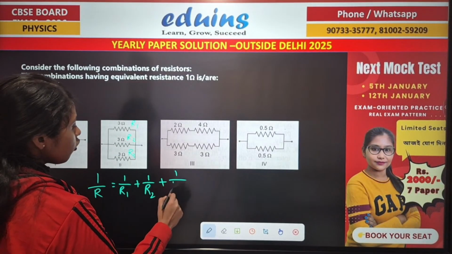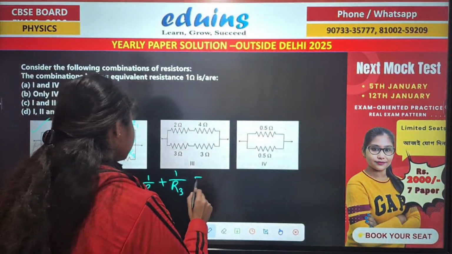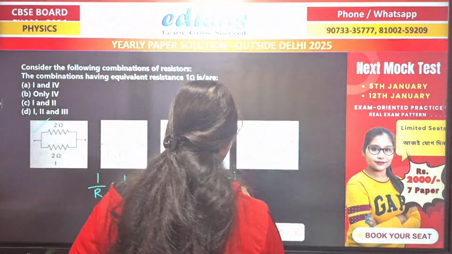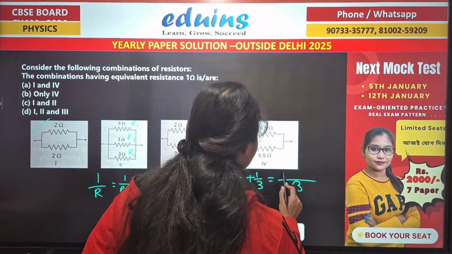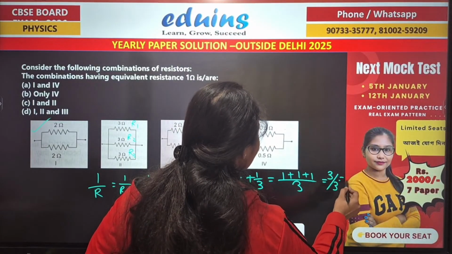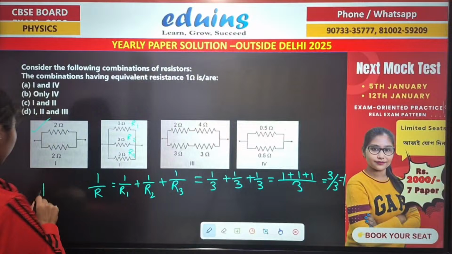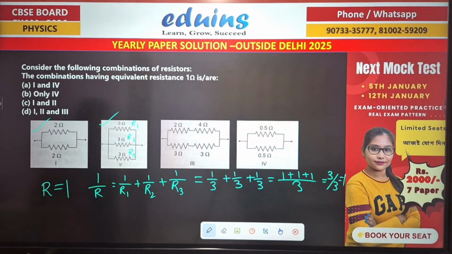This is all about Ohm's law. Do you remember Ohm's law? So 1 by 3, 1 by 3, 1 by 3. That makes sense that 1 plus 1 plus 1 is equal to 3 by 3, that is 1, and then R becomes 1. So option 2 is also a correct option that has equivalent resistance of 1 ohm.